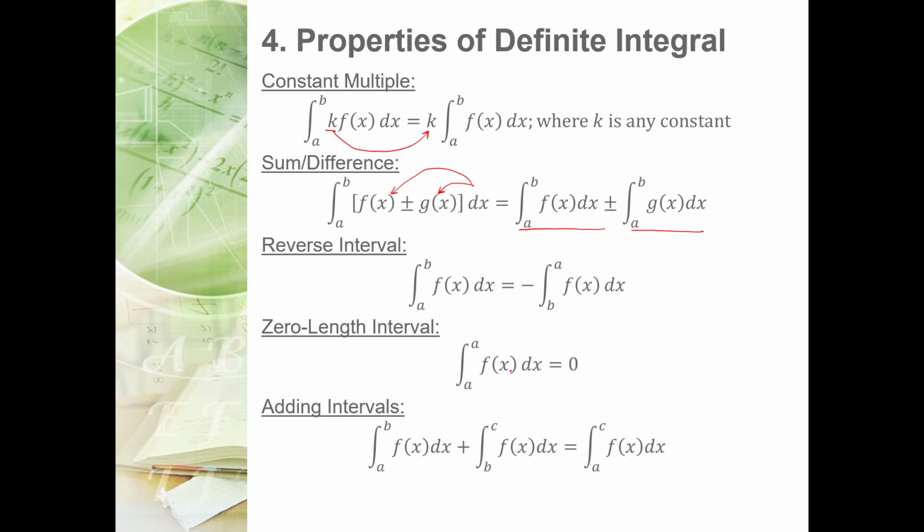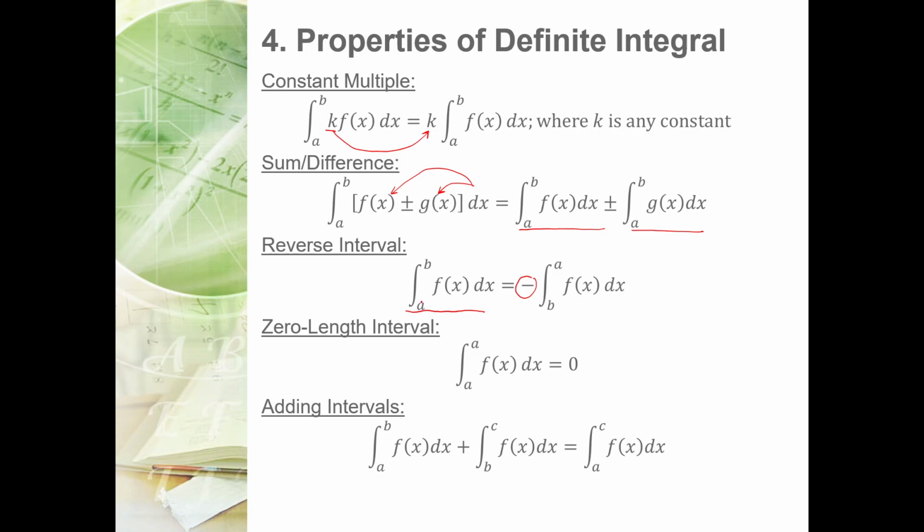Also for adding intervals, let's start first with the reverse interval. If you have this function from a to b, and you want to get a negative value or negative operation for this particular integral, what you need to do is get the negative symbol and then just reverse the limits of integration.